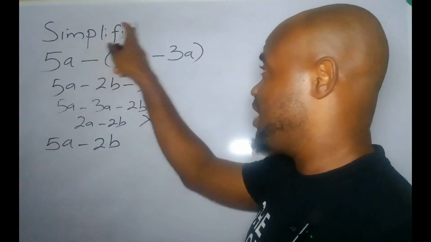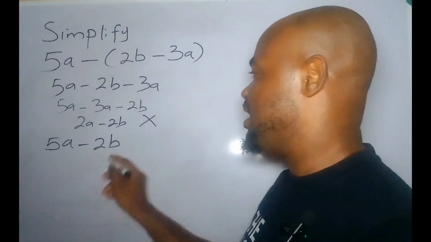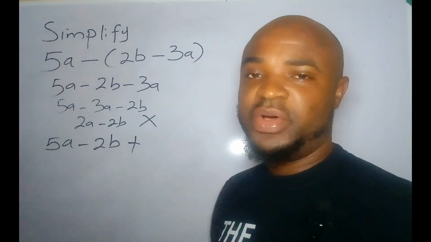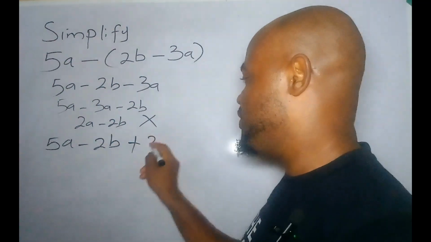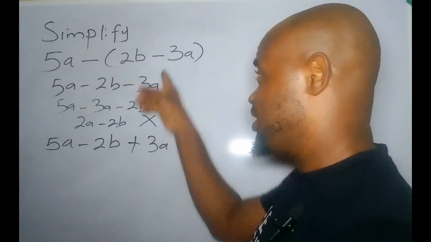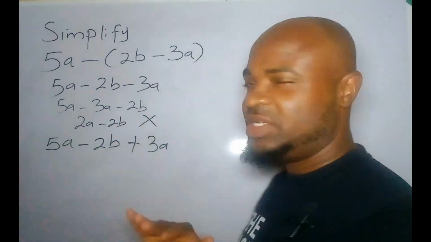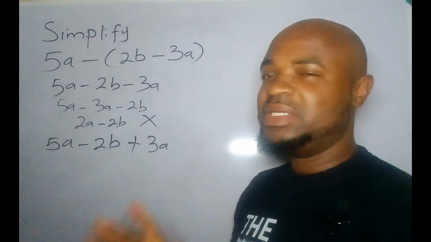Then minus multiplied by minus 3a. So multiply these two negative signs, and that will give us what? Plus. Okay? Then I'm going to bring down my 3a. You're going to see now that the sign has changed. The sign for the other term here has changed to positive instead of the initial negative sign. So please take note.